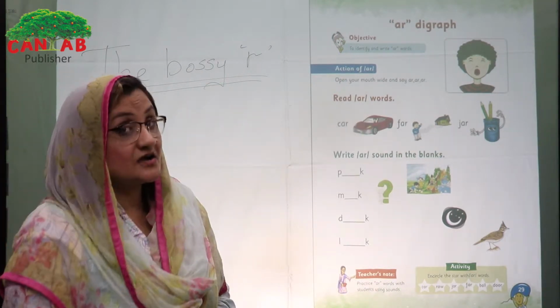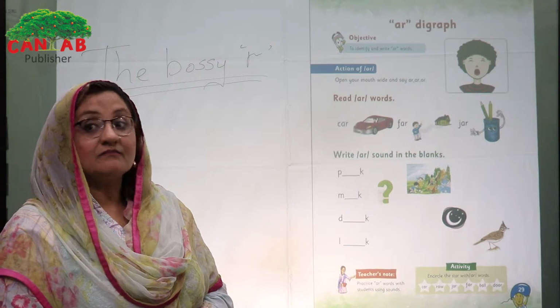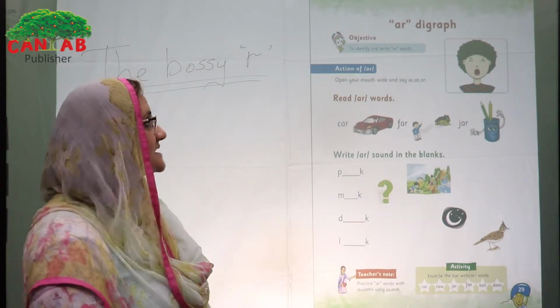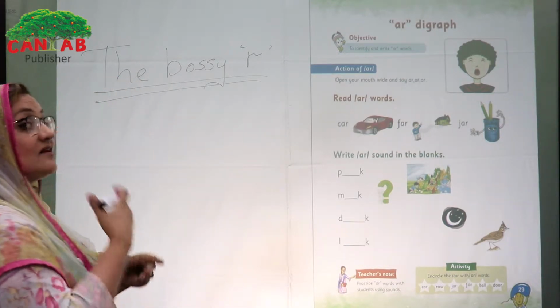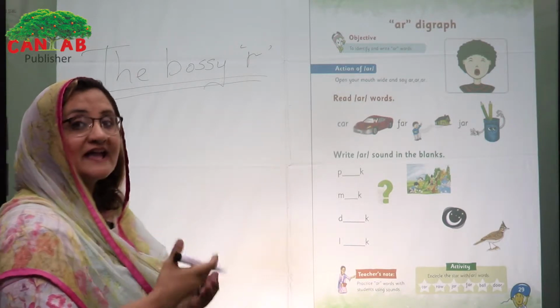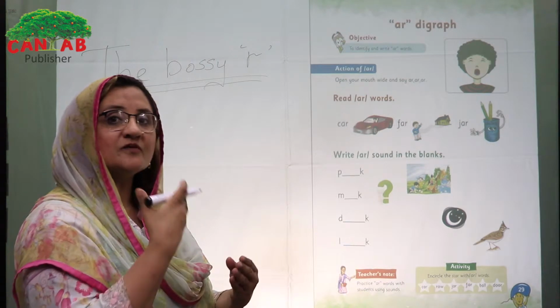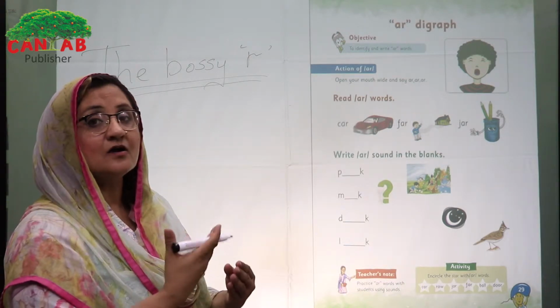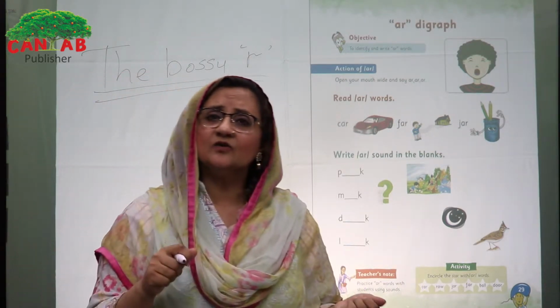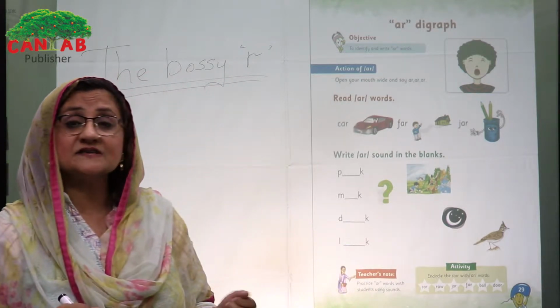So students, are you ready for a poem? Okay, let's start. When a vowel is followed by an R, bossy R turns around and it changes vowel sound.